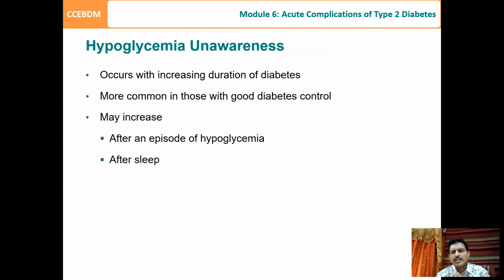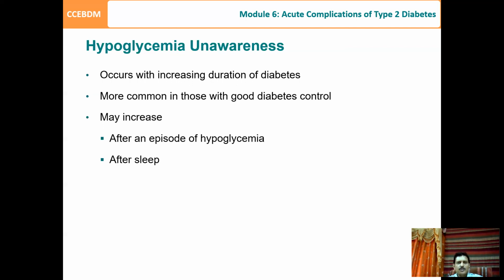Hypoglycemia unawareness means, as you know, that the warning signs of hypoglycemia depend on the adrenergic mechanism. Once there is hypoglycemia, there is a production of adrenaline, and the adrenaline gives rise to the symptoms of hypoglycemia, that is, adrenergic symptoms. Now, in some patients, these adrenergic symptoms are absent. Then we call it hypoglycemia unawareness.